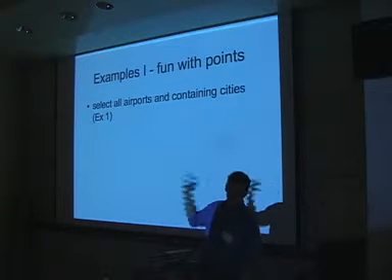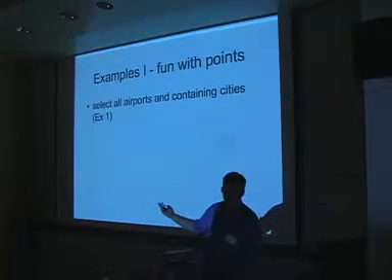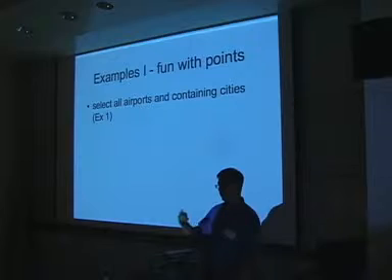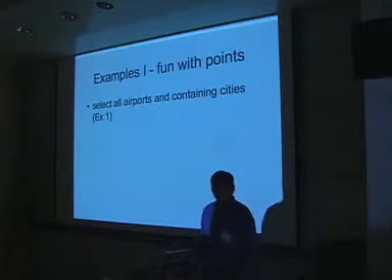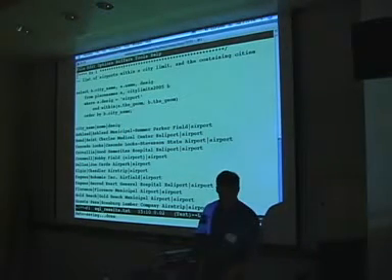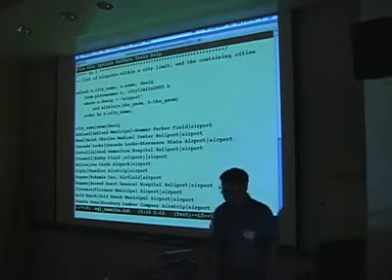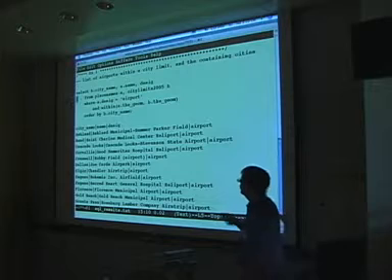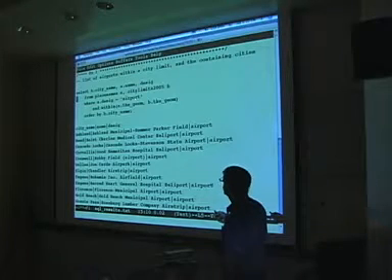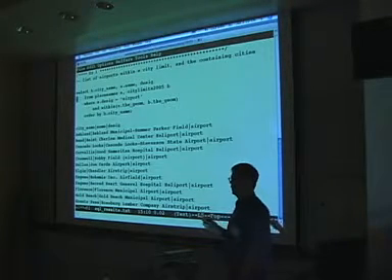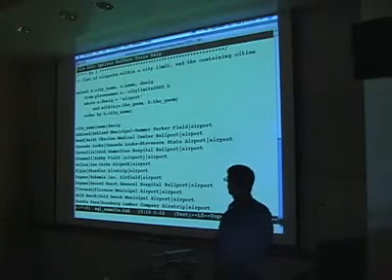So we're going to select all the airports and their containing cities. We're going to do this query, and we're going to leave out all the airports that aren't within city limits. And there we go. Select city name, name, desig. That's the column in the place names table that tells you whether it's an airport or a dam or whatever it is.